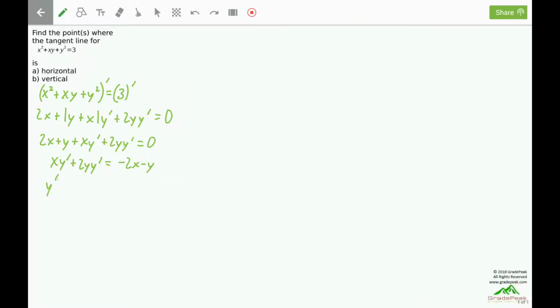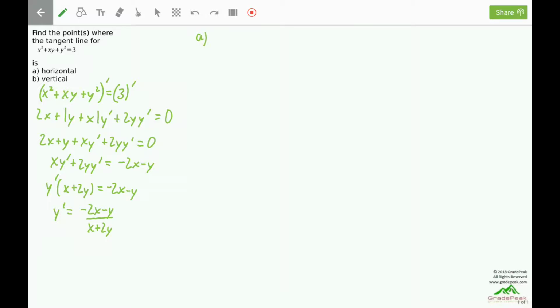Now we can factor y prime out on the left. And we can solve for y prime by dividing both sides by what's inside the parentheses on the left side. So we have for our derivative negative 2x minus y over x plus 2y.